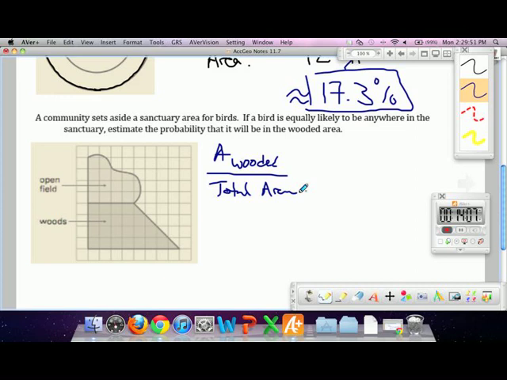When you count boxes, this is a trapezoid with bases of 4 and 8. So I have 16 plus 8, so 24 is this trapezoid.